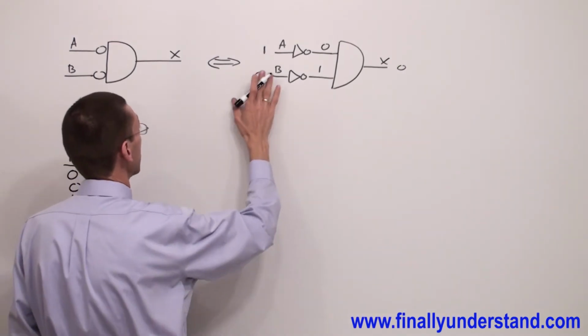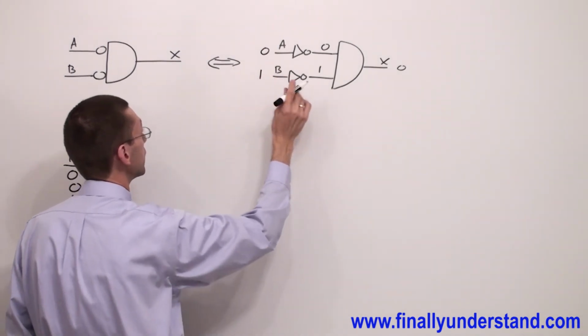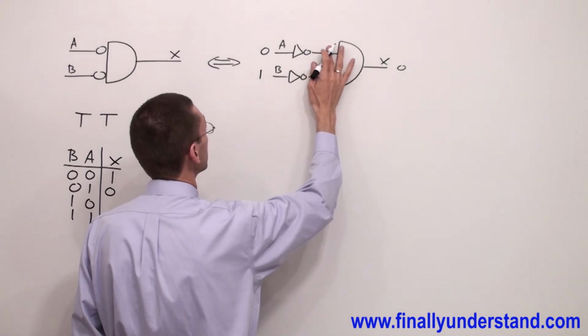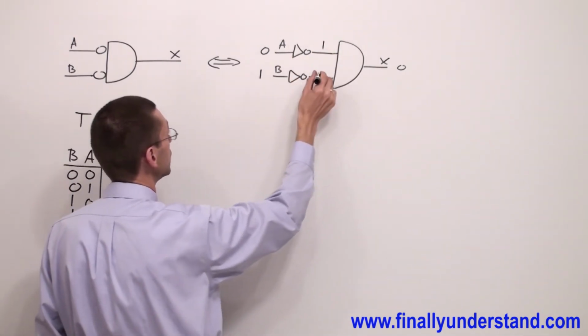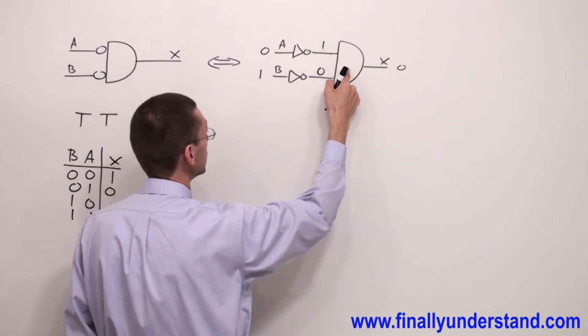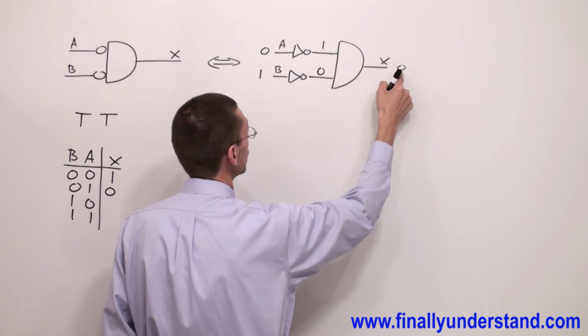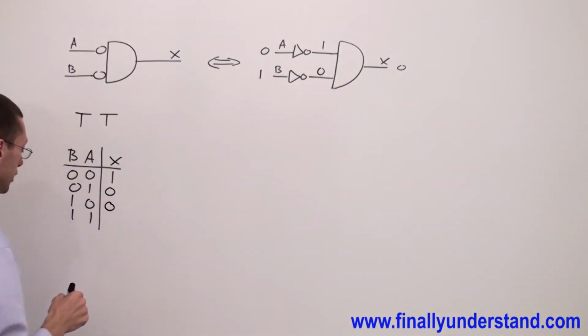Now I'm going to apply next combination. A is 0, B is 1. If you are going to find the complement of 0, this is 1, and complement of 1 is 0. 1 times 0, because AND gate is the multiplication, is going to give me 0. That's why I have 0 over here.